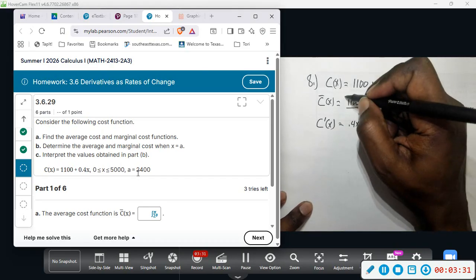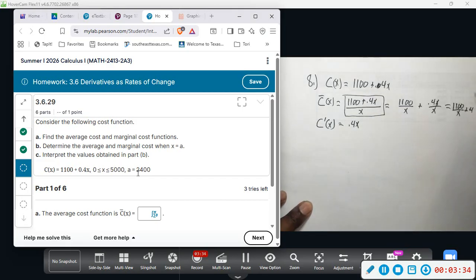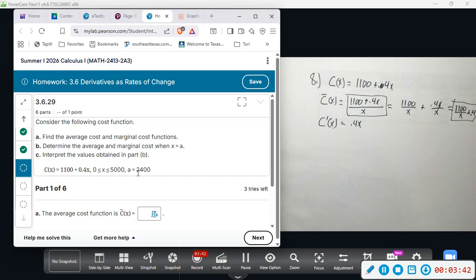So I would probably just leave it like this. Then once you simplify, you can go all the way down. Usually if it's a fraction, I just leave it. So we're going to say 1100 plus 0.4x divided by x.